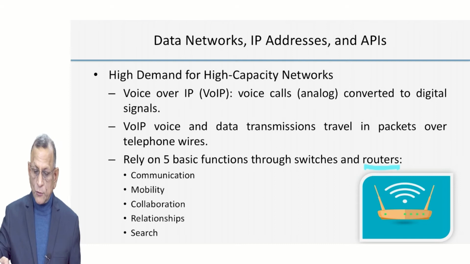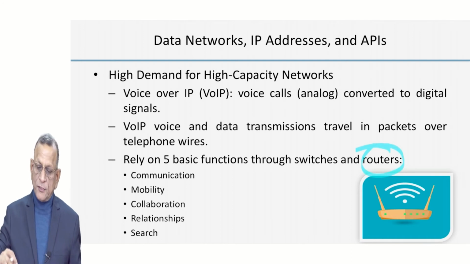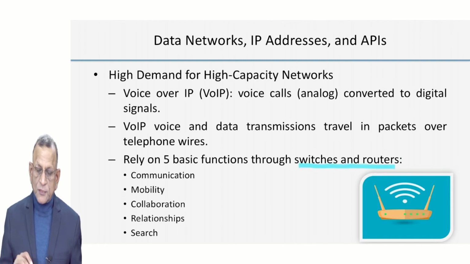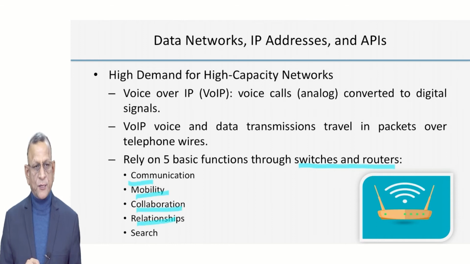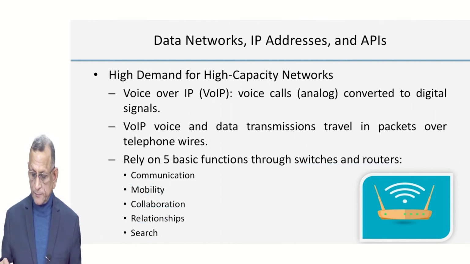So, what will this router do? This router will divert traffic from Thornhill Road to Mahatma Gandhi Marg or to some other pathway. This is the role of a router. So, friends, this combination of switches and routers is in a position to help us to communicate, to remain mobile, to collaborate, to establish relationships and to do something known as search.